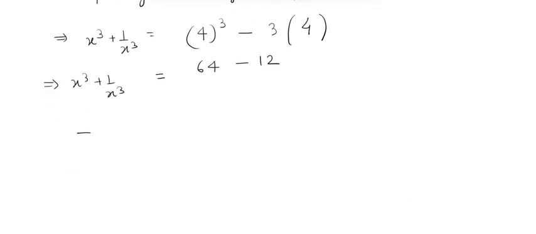Now, so x cube plus 1 by x cube is equal to 64 minus 12. You subtract. So 4 minus 2, 2, and 6 minus 1, 5.